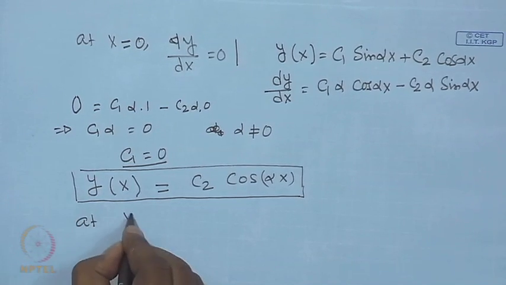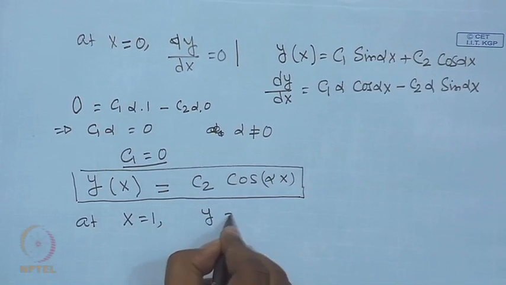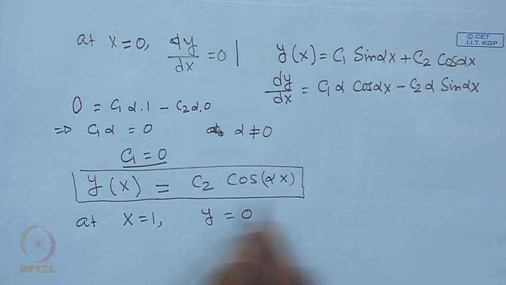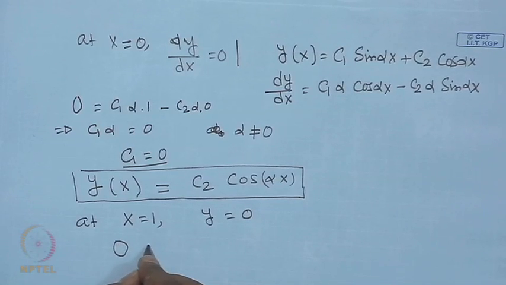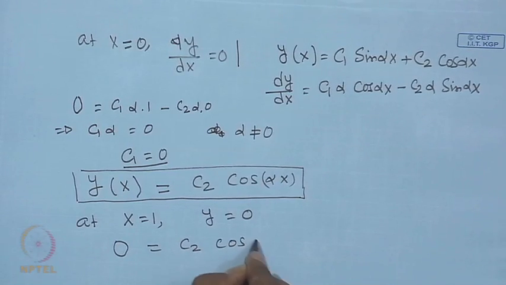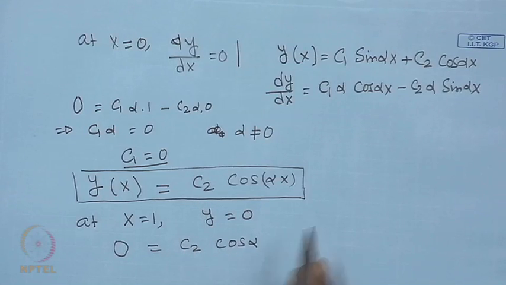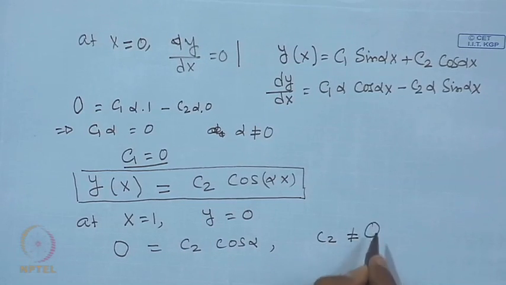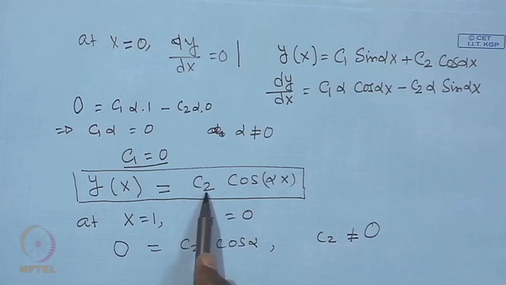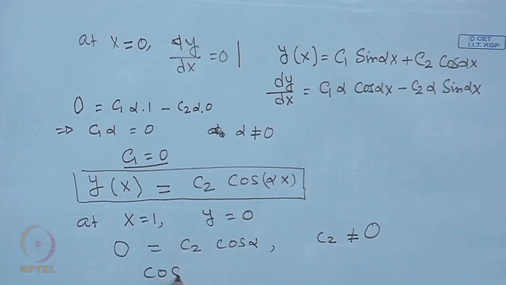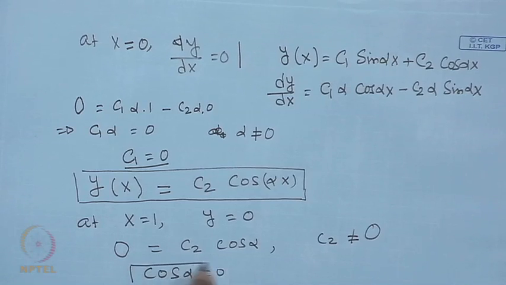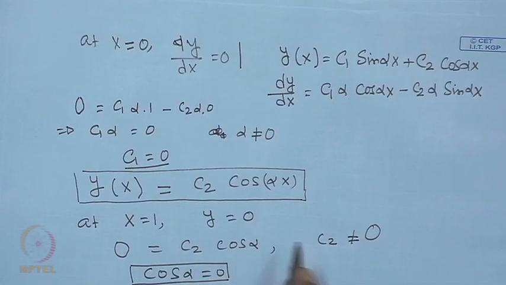At x is equal to 1, we have a Dirichlet boundary condition there. So, we put y at x equal to 1 as 0, and this becomes c 2 cosine alpha. Again, in this equation, c 2 cannot be equal to 0. Why? If c 2 is equal to 0, again we are going back to a trivial solution, and we are not looking for a trivial solution. So, what is the option left? The option left is cosine alpha is equal to 0 for a non-trivial solution.